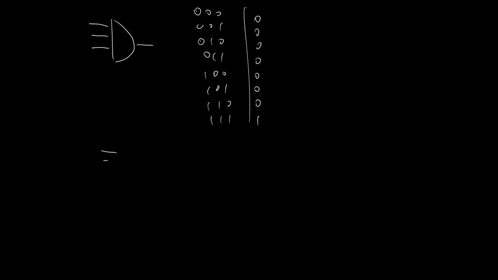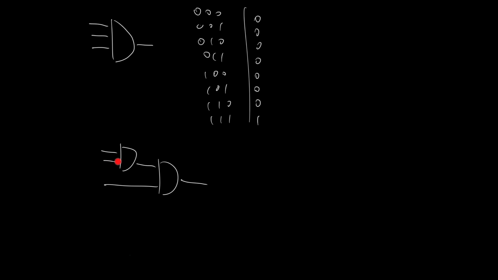Well, one way is to just cascade them. And so hopefully you can see how this works. For the output here to be a 1, both the inputs here have to be a 1. And for this input to be a 1, the output of this AND gate has to be a 1, which means its inputs have to be a 1.